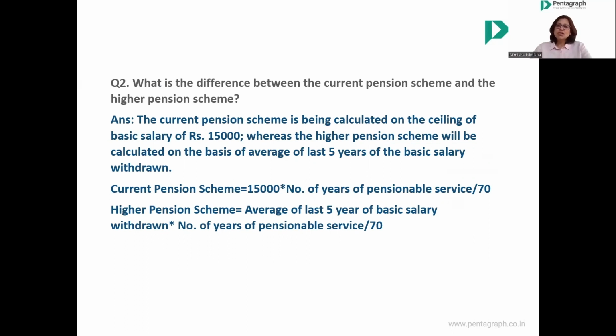The formula is: current pension equals 15,000 into number of years of pensionable service divided by 70. Whereas if you opt for the higher pension scheme, the calculation will be the average of the last 5 years of your basic salary drawn into the number of years of pensionable service divided by 70.